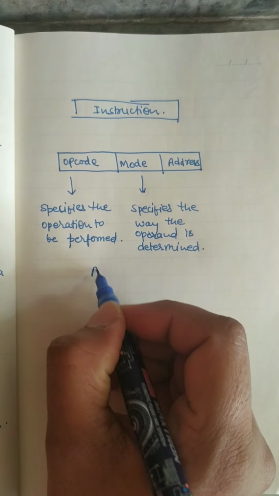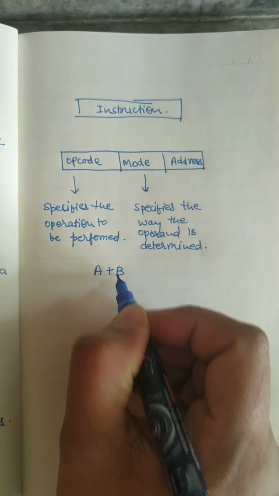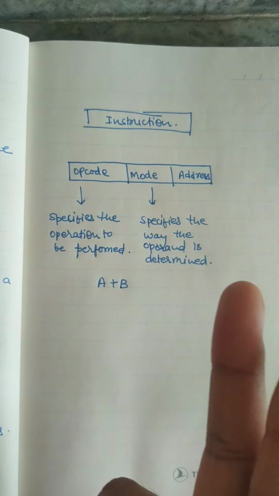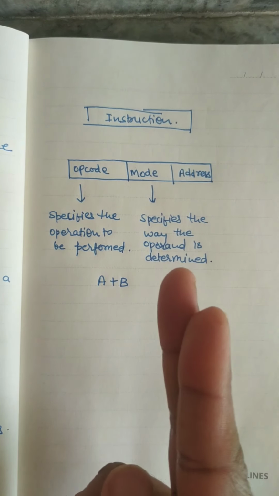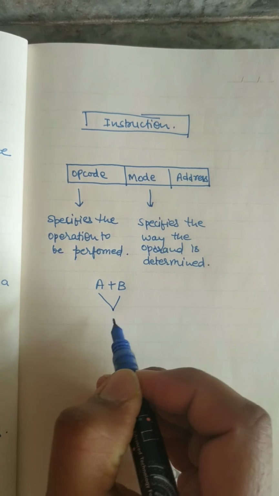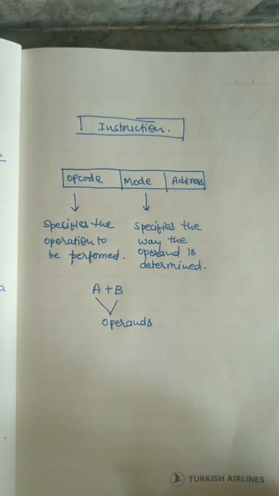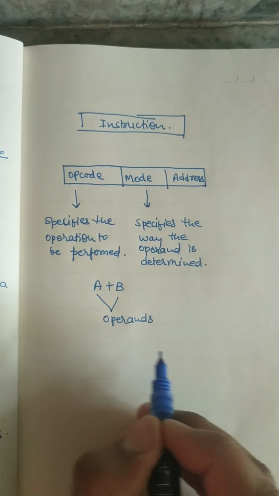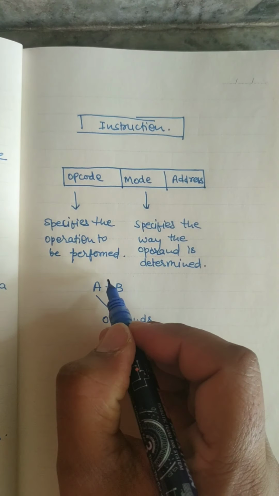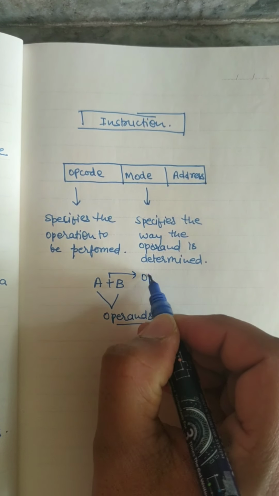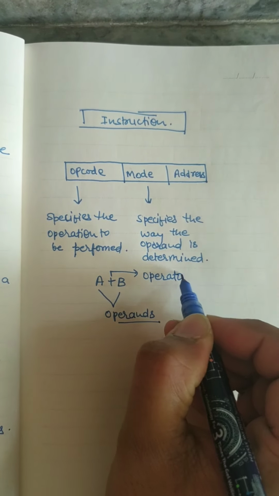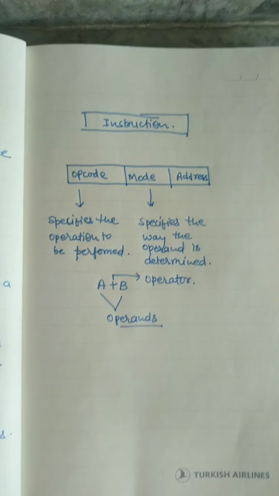Let's consider an example. Suppose A plus B. In any instruction we have two things. First is operand, second is operator. Here A and B are the operands. The variables on which we have to perform the operation are called the operands, and the operation that we need to perform is called the operator.